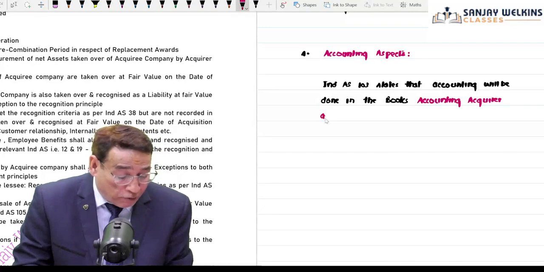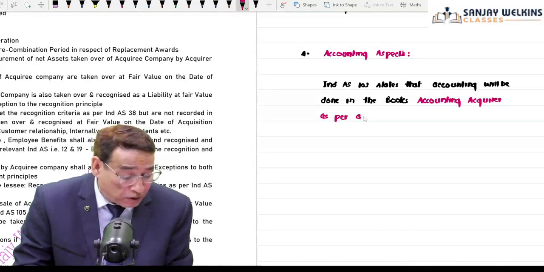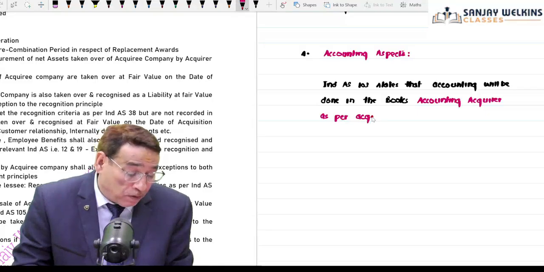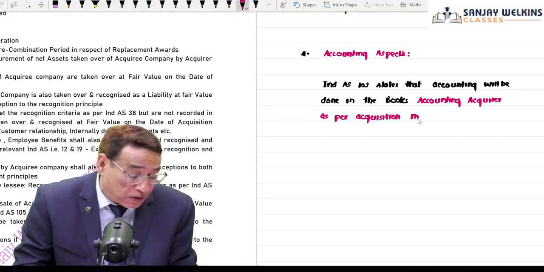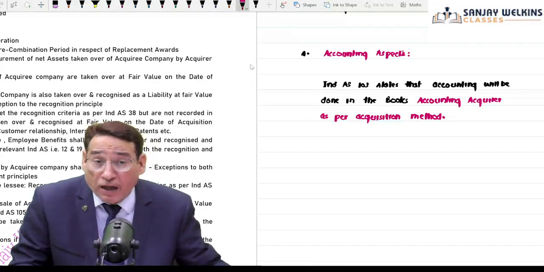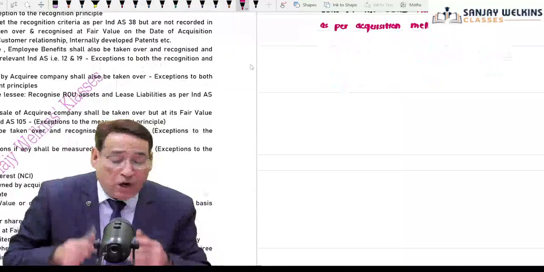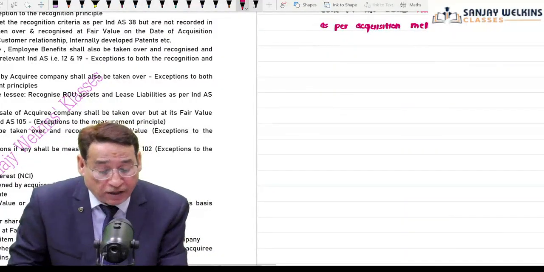So basically, Ind AS 103 prescribes the acquisition method of accounting. What do we mean by that, actually?